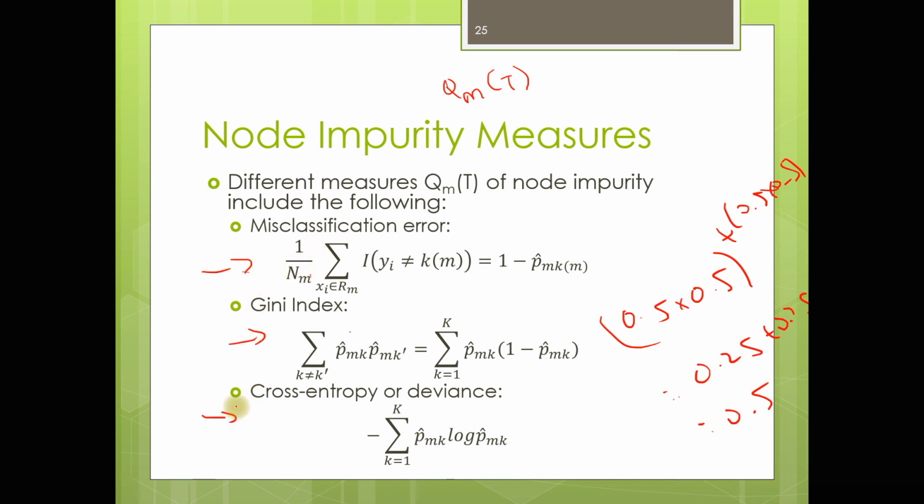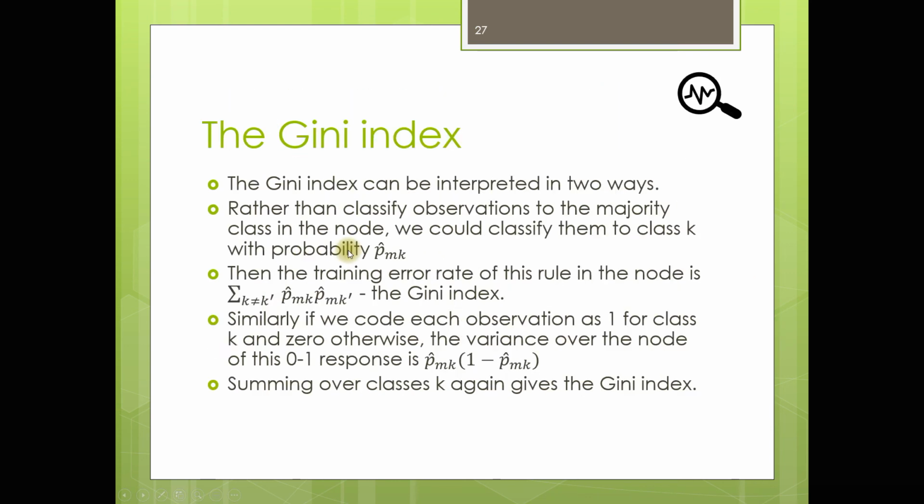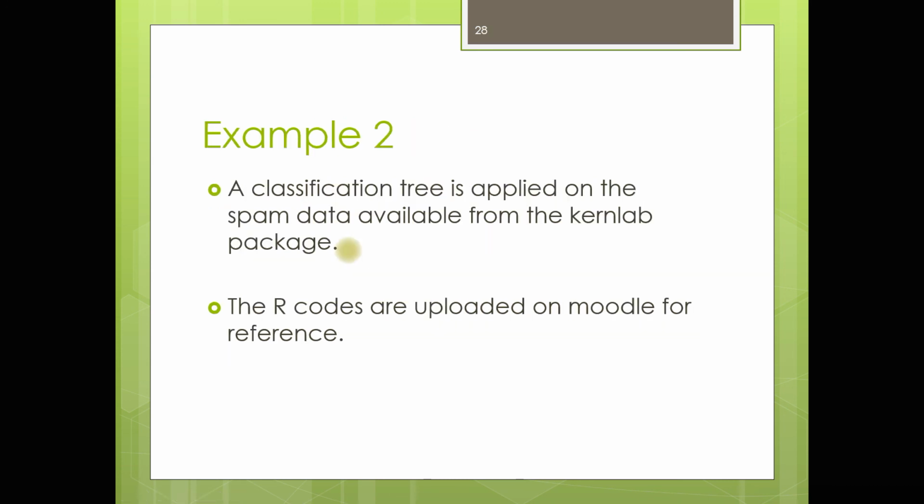This error rate, either one, the misclassification, you want to minimize it, or the Gini one, or the cross entropy, or the deviance, referred to as a deviance as well. You may wish to decide which one you want to minimize. Okay, normally I'm going to skip this. I'm going to skip this as well because we already discussed that.